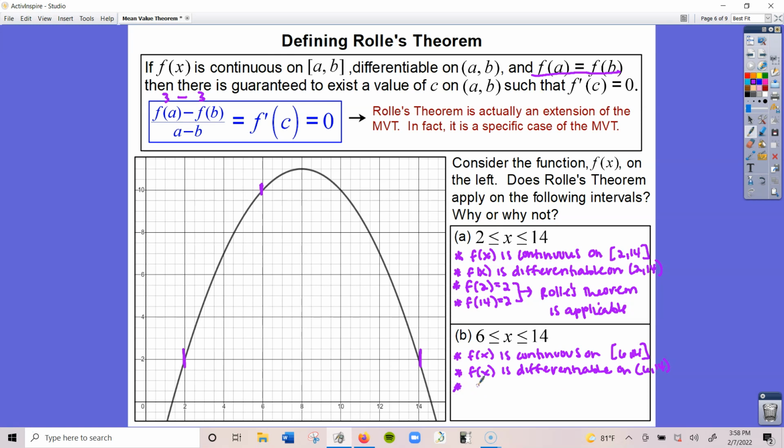My third and final condition, f of 6 must equal f of 14. F of 6 is 10. F of 14 is 2. Because these are not equal, then Rolle's theorem is not applicable.